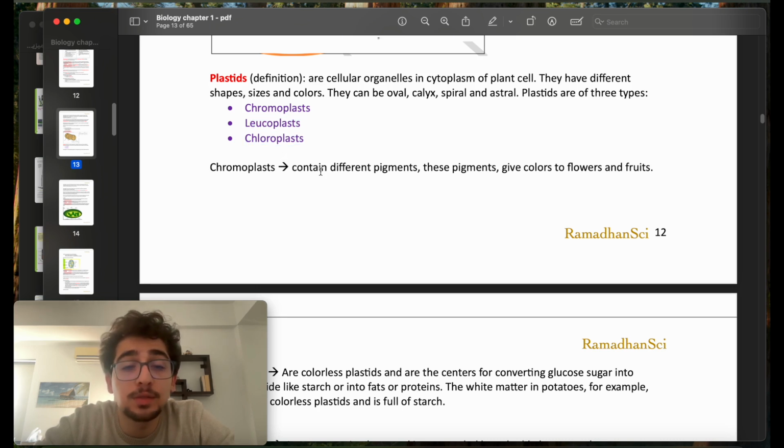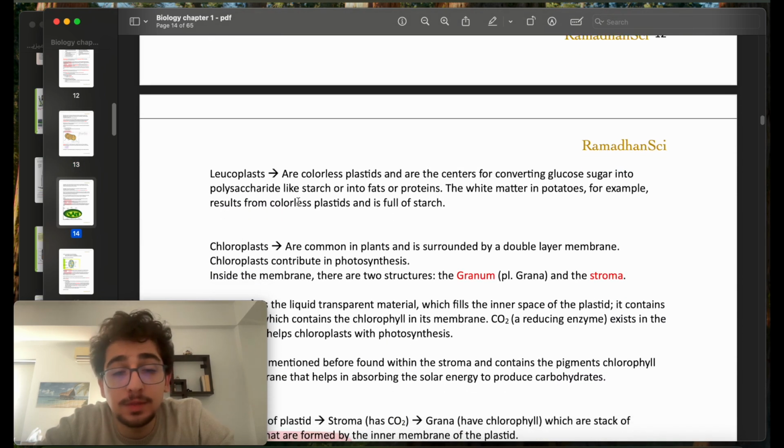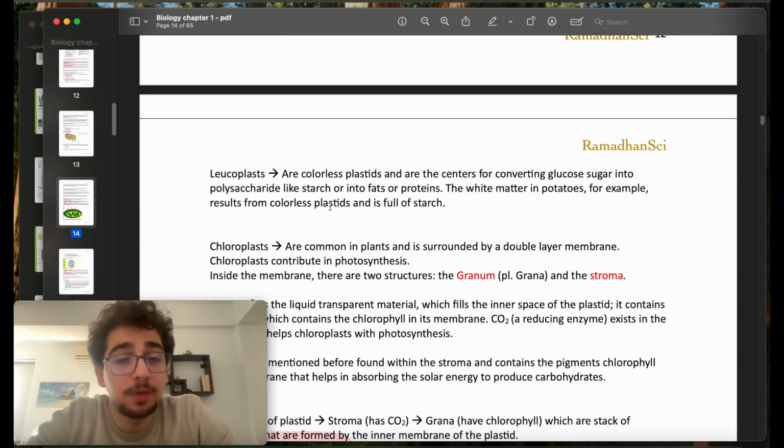The chromoplast gives the different pigments and colors to the flowers and fruits. The leucoplasts are the colorless plastids. Their function is to convert glucose sugar into polysaccharide, like starch, or into fats or proteins.